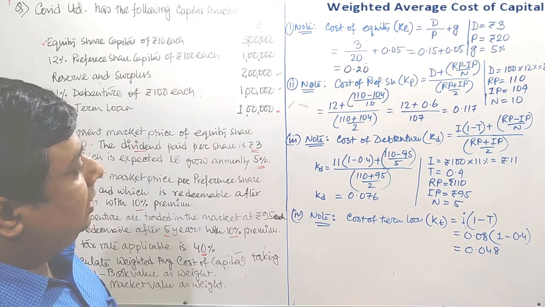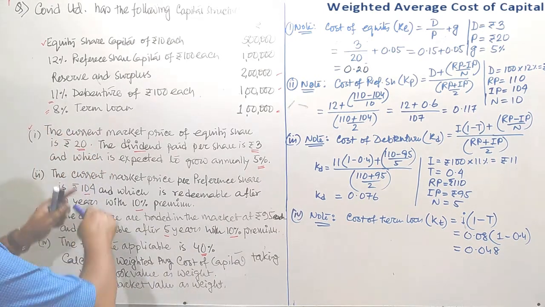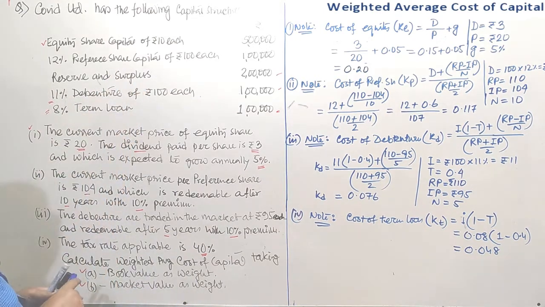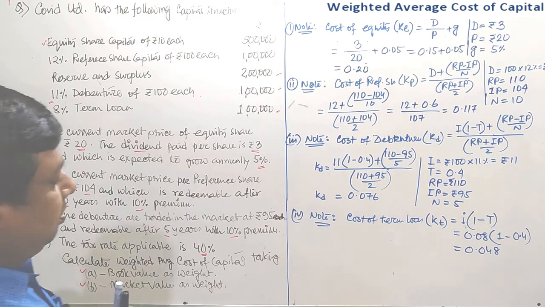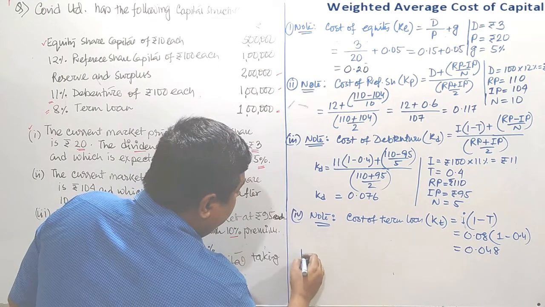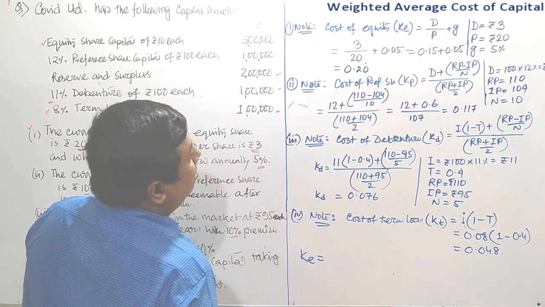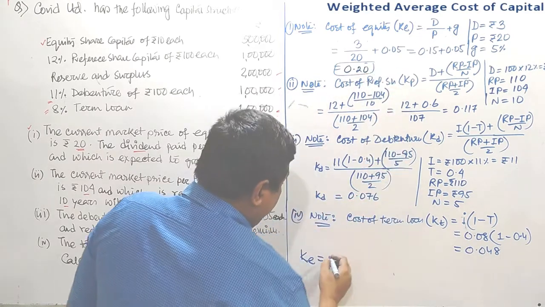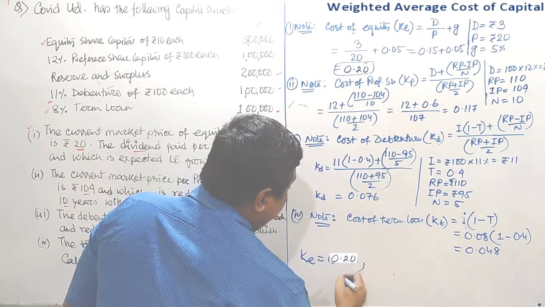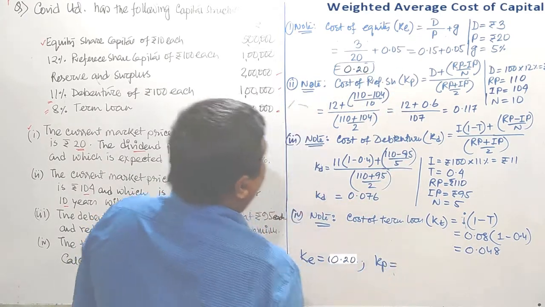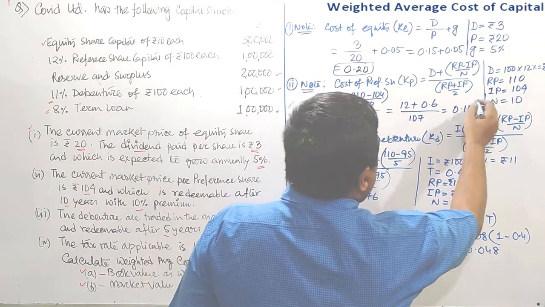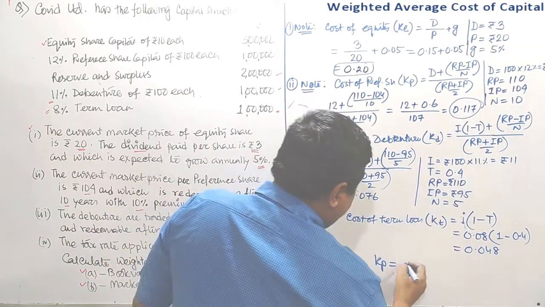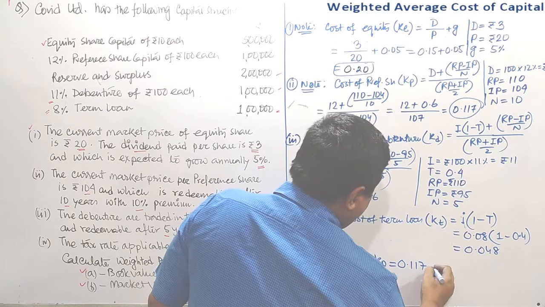Okay. In these regards, we can already count each and every component available in the cost structure of the company titled COVID Limited. Let me count over here one after one. KE, cost of equity, which we counted over here, is 0.20. Next KP, which we counted, is 0.117.